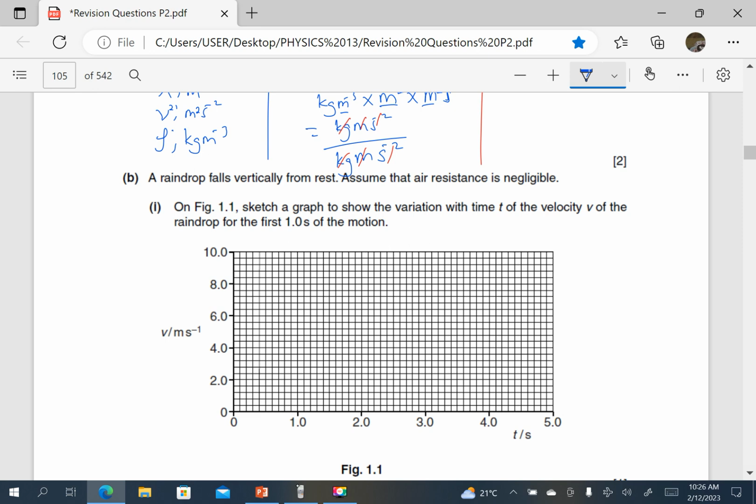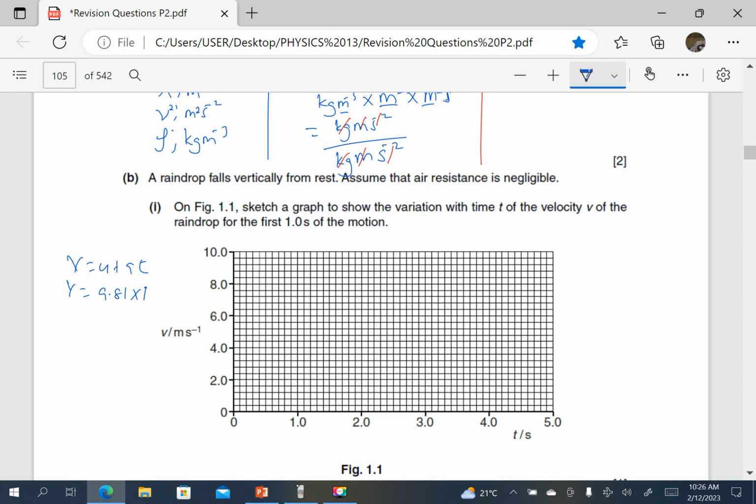For the first 1.0 seconds, v equals u plus at. Since it falls, initial velocity is 0. So v will be 9.81 times t, which is 1 second. So the graph must be at around 9.8.